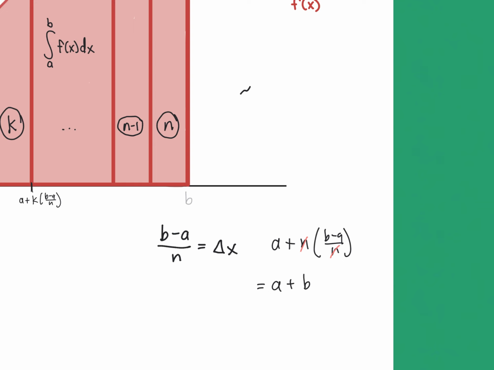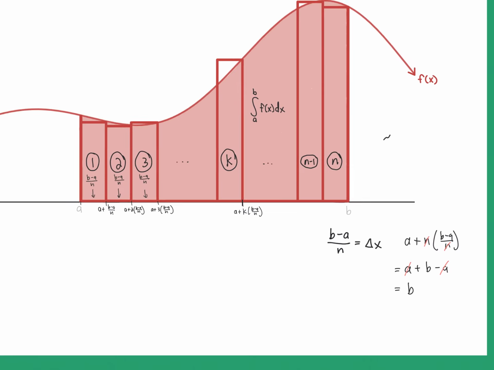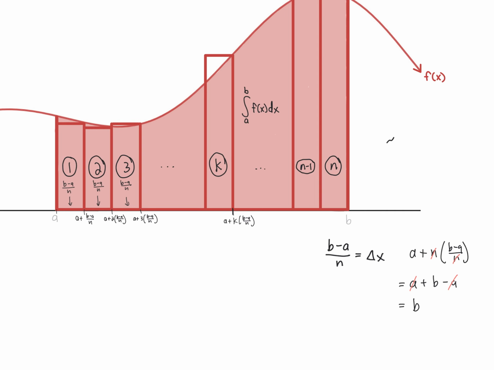That's a plus b minus a, and even those a's cancel and we just get b, which is what we would expect. So that makes sense. If you start with a and add b minus a over n times, we get to b, just like we should.